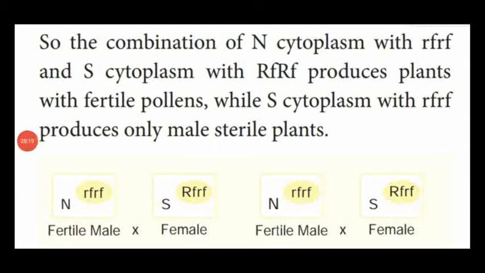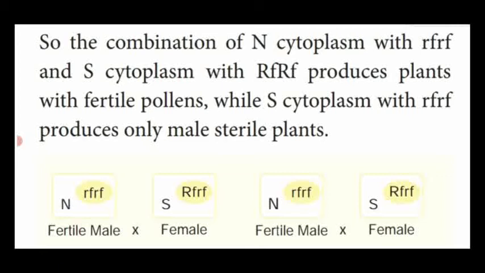Dear students, the crosses are also given here, that is, normal cytoplasm with a sterile cytoplasm. Normal cytoplasm contains the alleles capital RF and capital RF, that is, the restorer of fertility gene, isn't it?